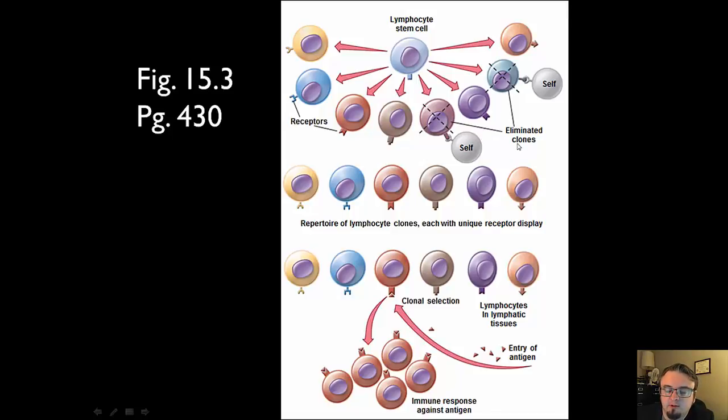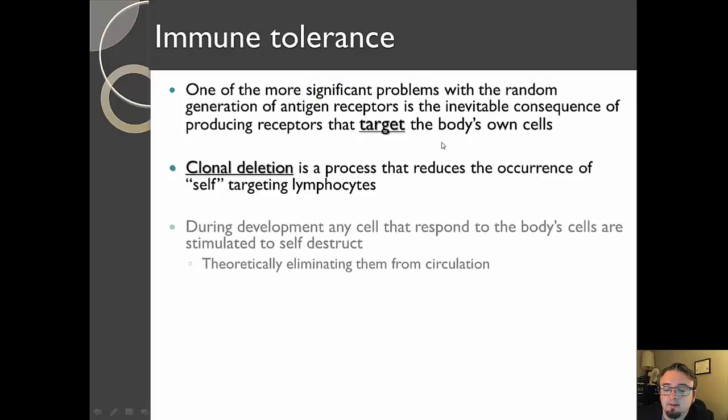That's the process of clonal deletion. So basically anything in the developmental stages that becomes active means that it has a receptor for a self protein, and therefore that lymphocyte is poised to do more harm than good. So what the body does is it eliminates them and prevents them from circulating past that point of development. So this is theoretically how the body eliminates self-targeting cells.